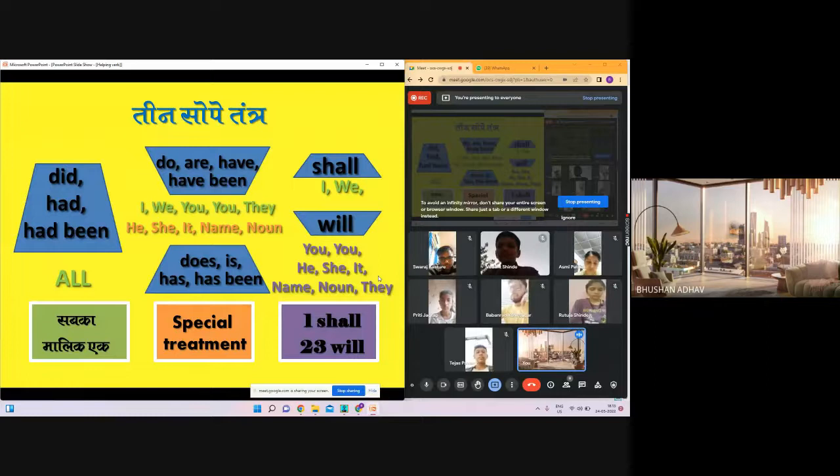He, she, it, name, noun, the fifth and sixth one, and they. So how many total words are there as a subject? Ten. I first, we second, you third, plural you fourth, he, she, it, name, nine noun, and ten they. So there are ten words.